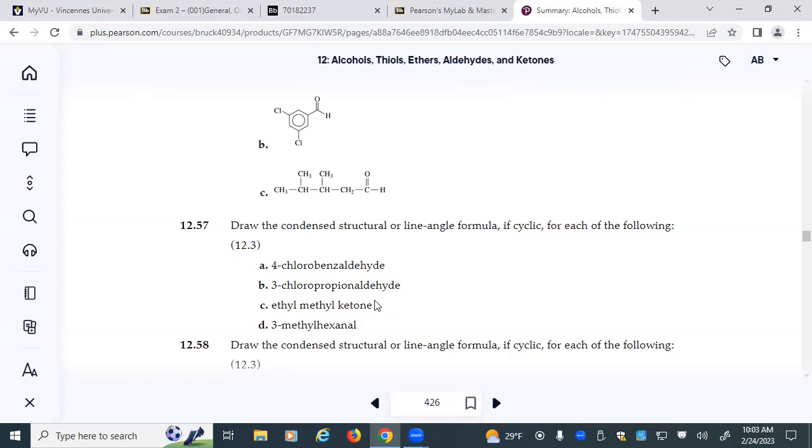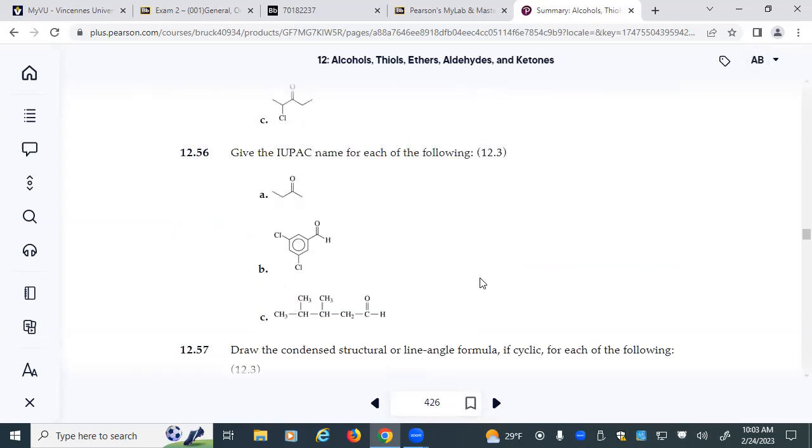If we're looking at a problem like, well, let's look at number 56 here. Give the IUPAC name for each of the following.